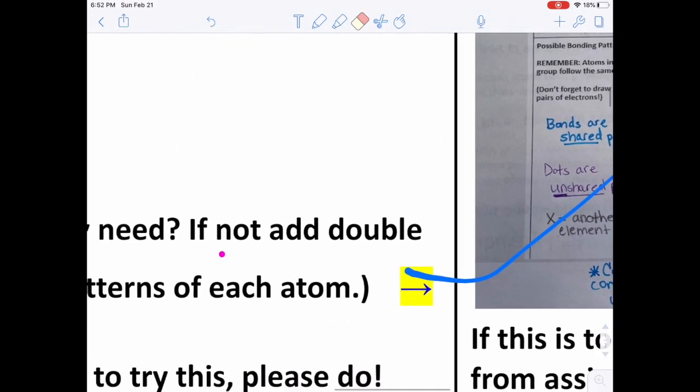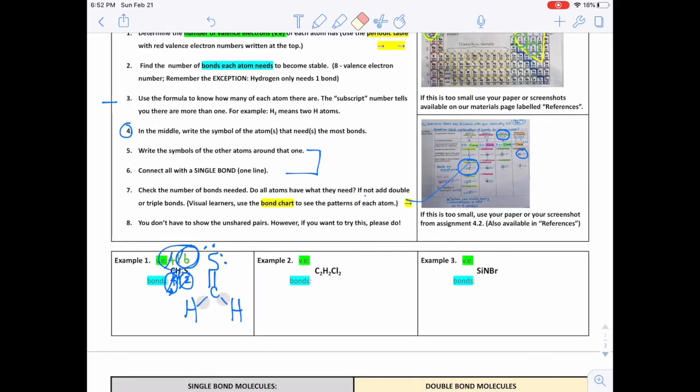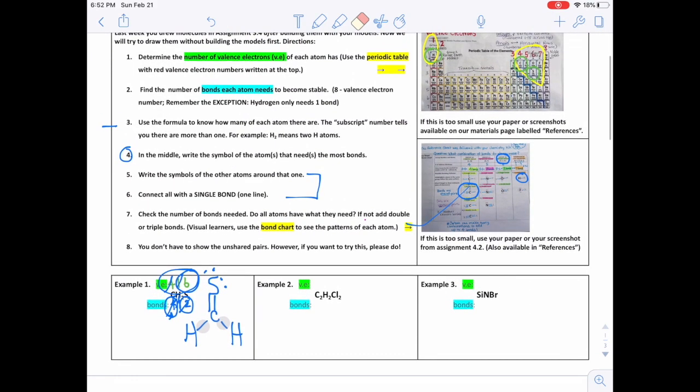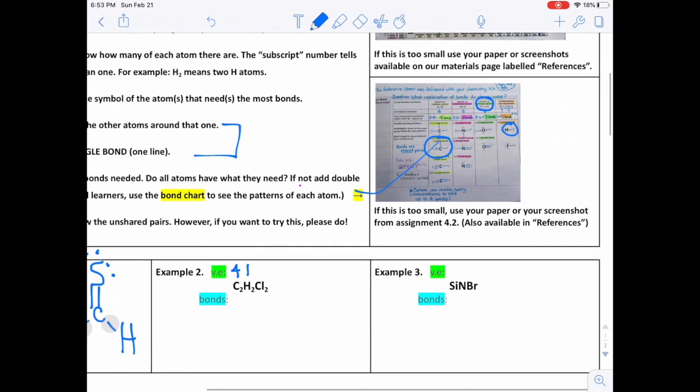So it's kind of a puzzle to just make everything happy. Let's try the next one. Going back, we're going to do the valence electrons and the bonds. I remember we just did it, so carbon was 4, hydrogen was 1, and then this is Cl. When you see capital C and it looks kind of like an I, that's Cl, chlorine.